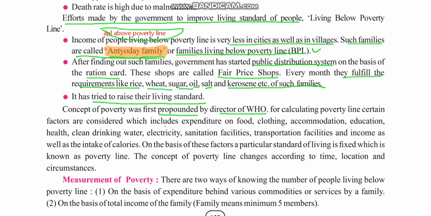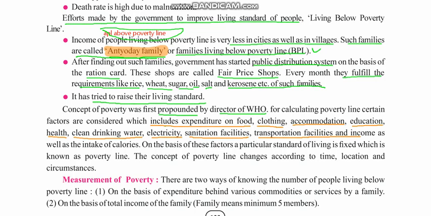There are some factors required for calculating it, which include expenditure on food, clothing, accommodation, meaning how much is spent on basic requirements, education, health, clean drinking water, electricity, sanitation facilities, and transportation facilities.